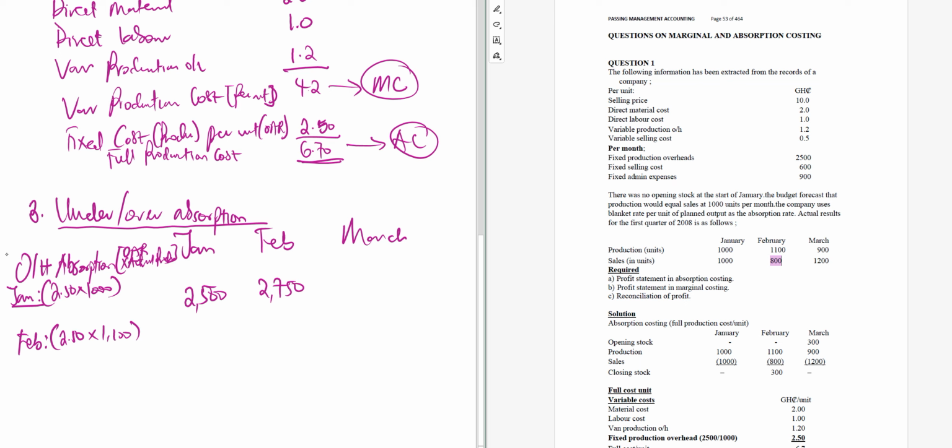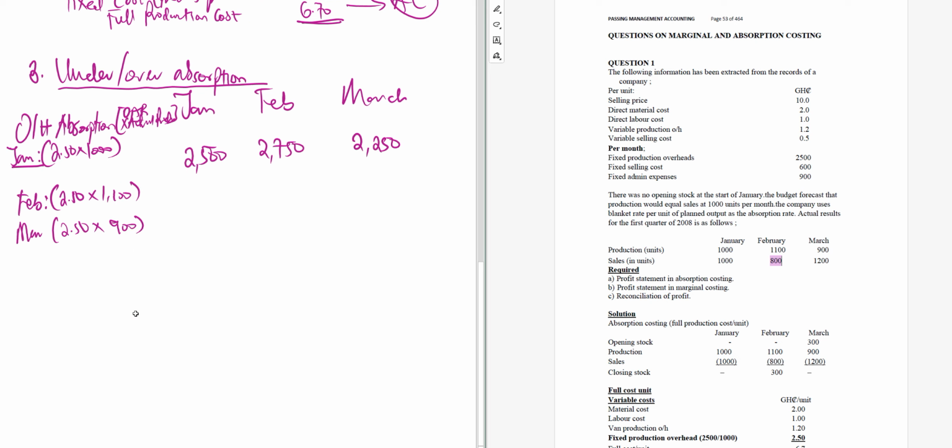Then we have March, where the OAR is still 2 cedis 50 pesos, but we produced 900 units, so 2.50 by 900 units gives us 2,250.